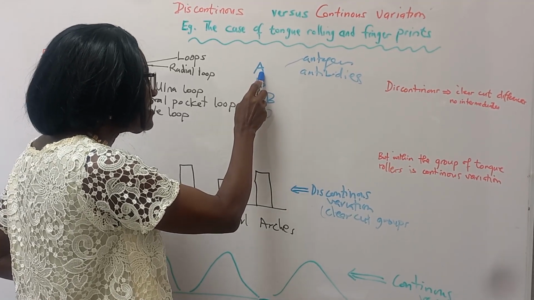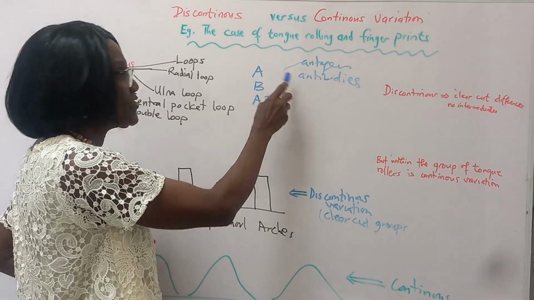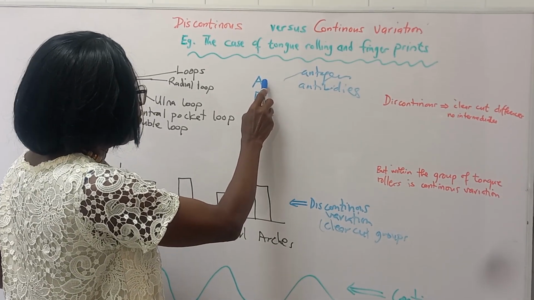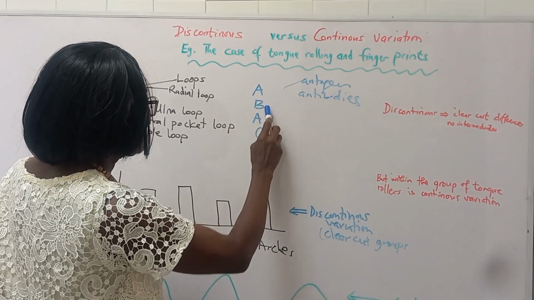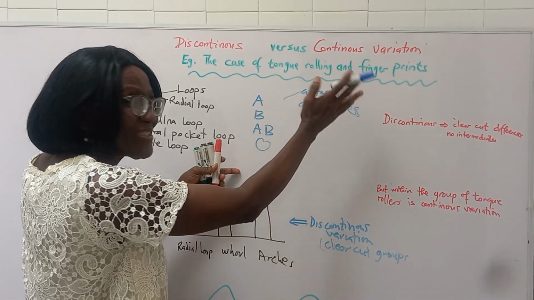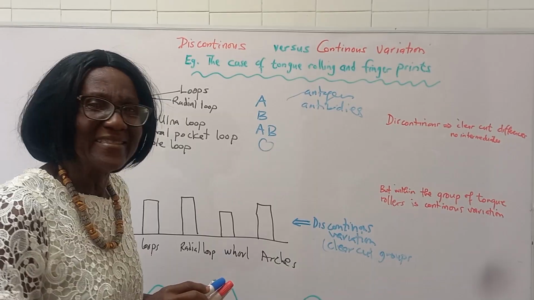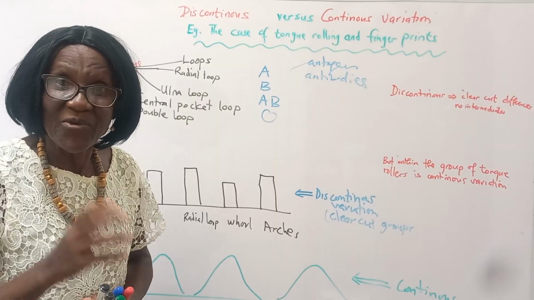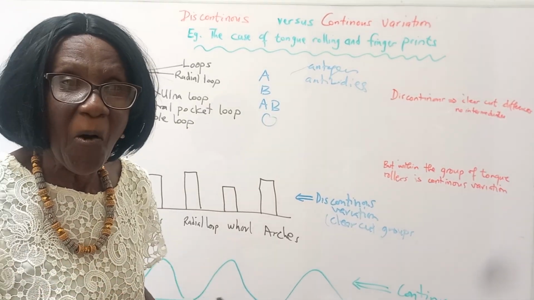So there are different blood group A's. So it means that within the discontinuous clear-cut groups, within each, there's a smooth gradation where there are differences. It so means that research we have to go on.